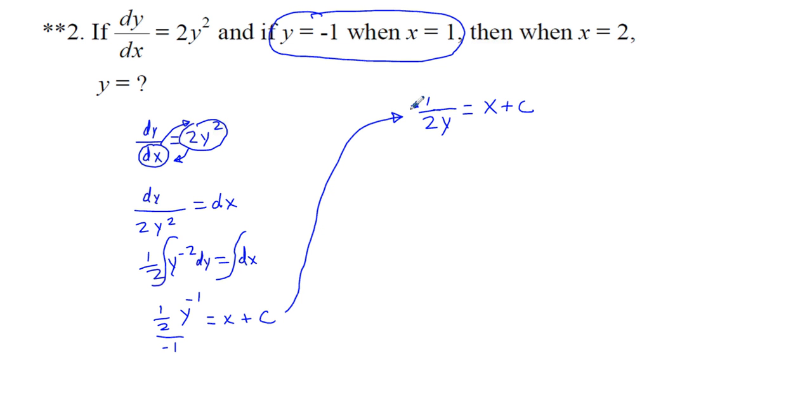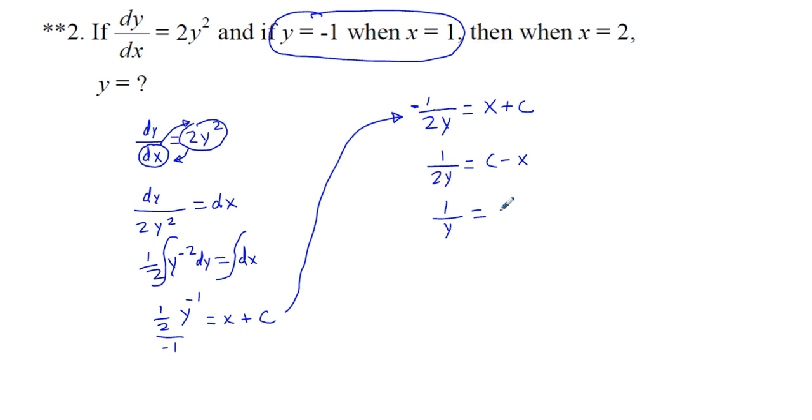And we're going to get y by itself. Let's get rid of the negative sign. To get rid of the negative sign, we're going to have 1 over 2y equals c minus x. And then if we multiply by 2, we're going to get 1 over y equals, now remember, we're going to have a c here anyway, regardless.